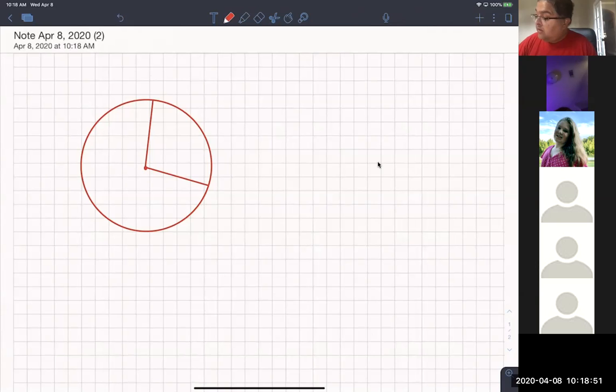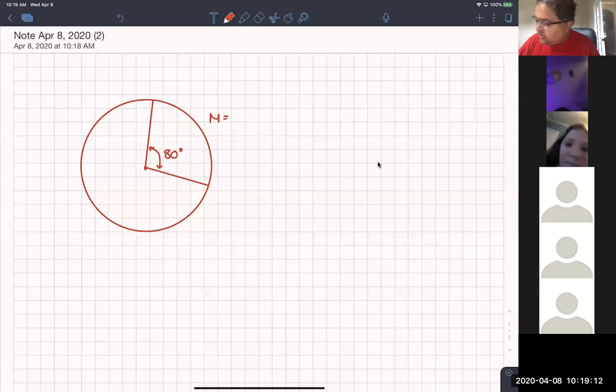Now, the relationship between the central angle and the arc measure, being the amount of curve of the arc, is that the measure of the central angle and the measure of the arc is the same. So for example, if this is, say, 80 degrees, then the arc measure is also 80 degrees. Okay, it's a one-to-one relationship.